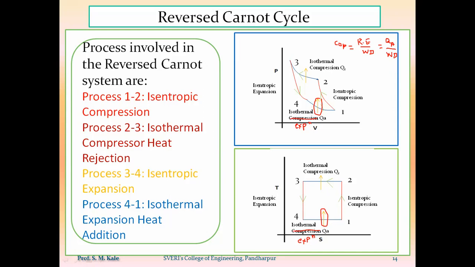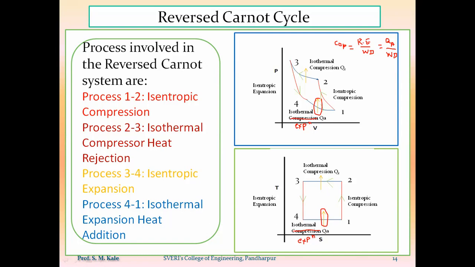A heat engine is a work producing device, so work will be obtained from it. Whereas refrigeration is a work consuming device. That means we need to supply external work to carry heat from the lower temperature region to the higher temperature region.